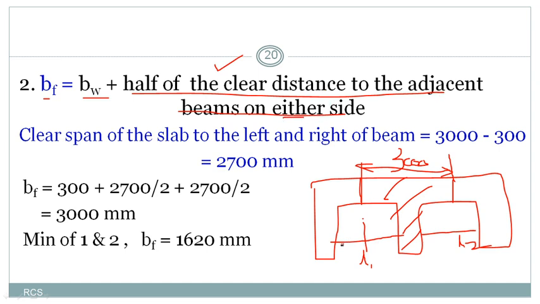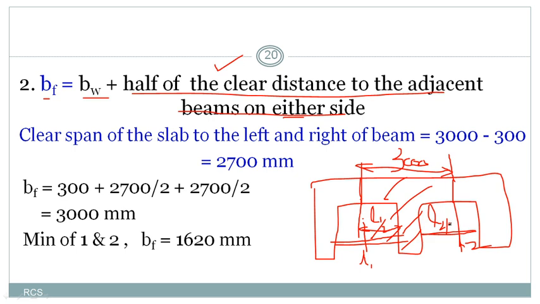So we should know what is this clear distance and what is this clear distance. The width of the flange is the center to center distance of this. Now we should know this value, so this is L1 by 2, and this is also L2 by 2.